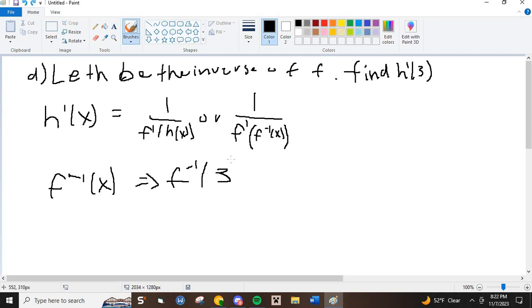Now if you look back at the directions on your paper that I've deleted, they give you that f of 0 equals 3. Now if f of 0 equals 3, that means that f inverse of 3 equals 0. So f inverse of 3 is just 0. It's in the directions. And so if you plug that back into here, 1 over f prime of 0.